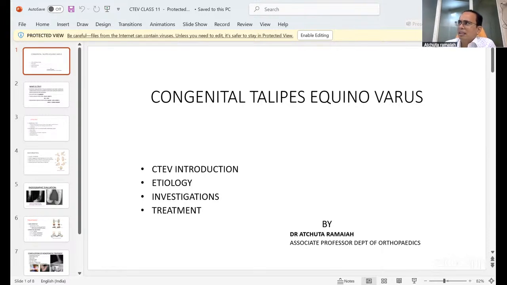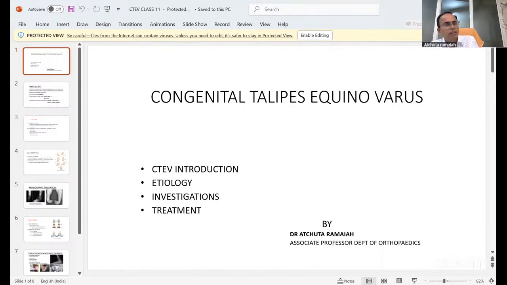In an ultrasound scan, compared with DDH or spina bifida, this is very difficult, because radiologically also, with X-ray, the talocalcaneal angles are considered to assess the deformity, along with clinical assessment.